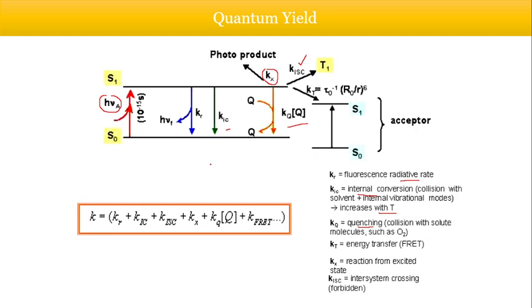So from this we get a big equation of k equals the summation of all these terms, and from this we can ultimately get the k value.